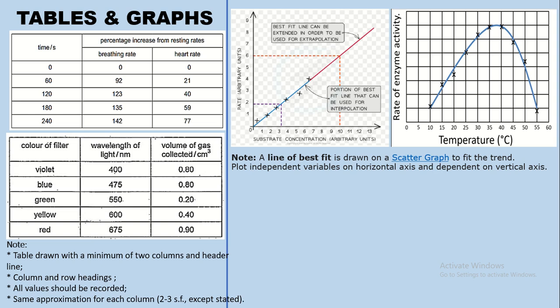Like in this case, we have about 7 points to be represented here. 7 values are plotted here, but 3 are falling out of line. So 2 on one side, 1 on the other side. So that is justifiable. Okay, and then the points falling off the line should not be too far away from the line. So you need to do justice to that. That's what I mean by best line of fit.